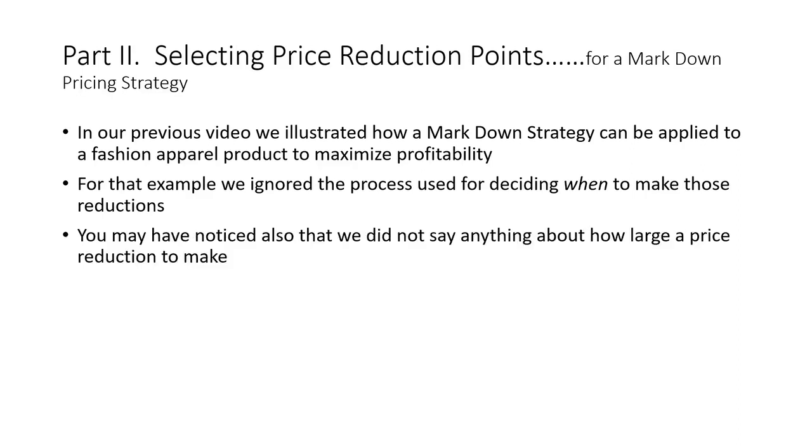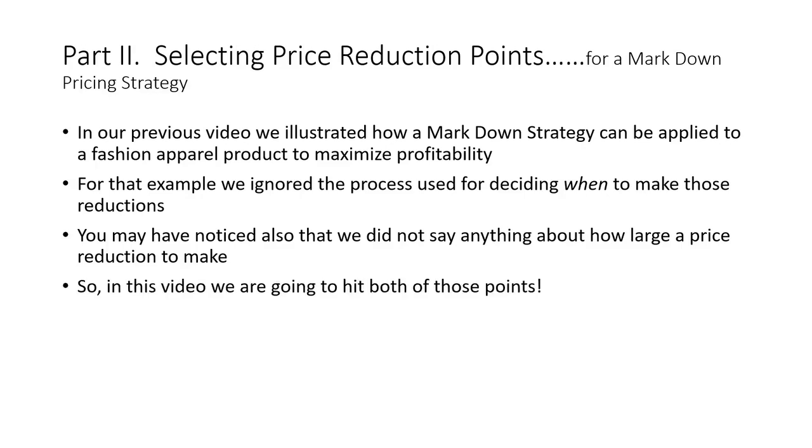You may have also noticed that we didn't say anything about how large of a price reduction to make at each change point. So in this video, we're going to hit both of those topics. When do you go from one price point to the other? And exactly how do you select the initial price as well as the markdown points to use in the strategy?